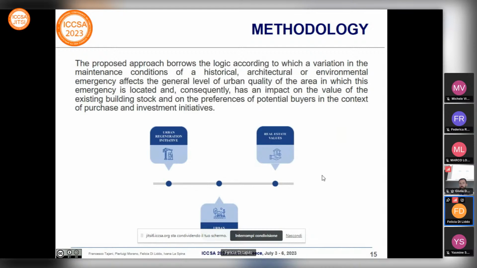The system links the different mechanisms of the reference market to the effects connected to the urban regeneration intervention in terms of increasing the level of urban quality of the area and more generally of improvement of the community's quality of life.